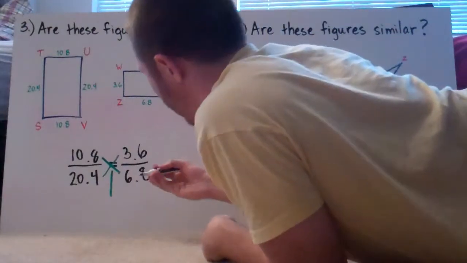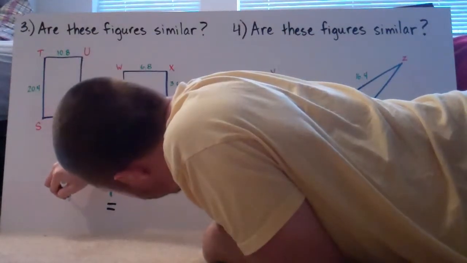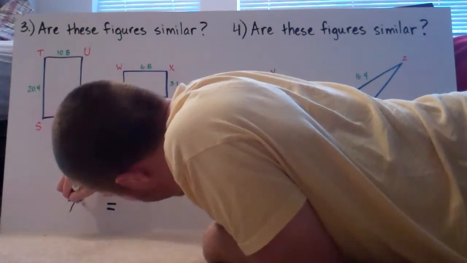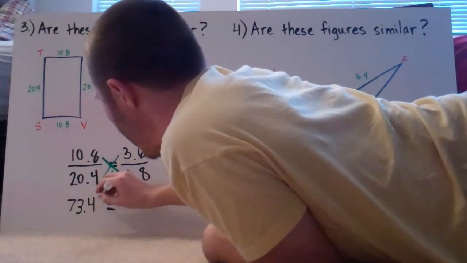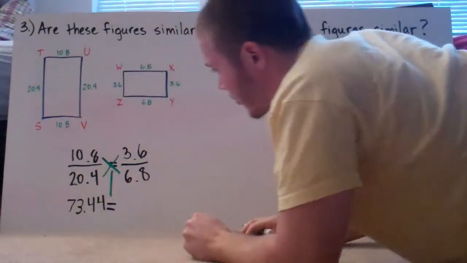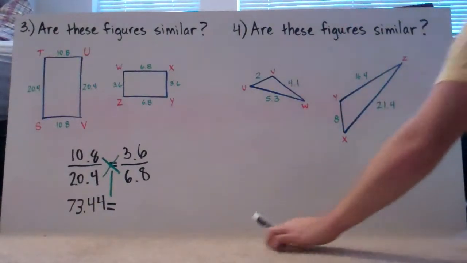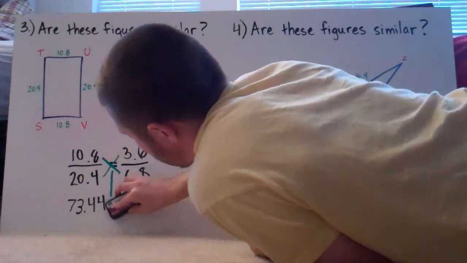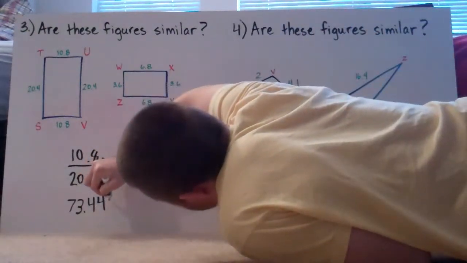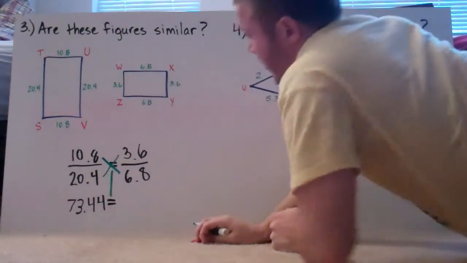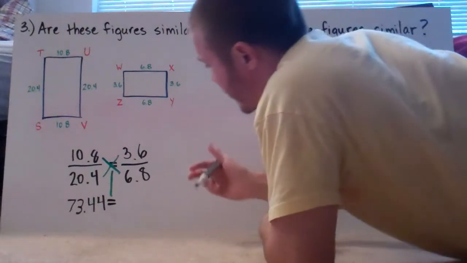And let me fix this equal sign so that it makes a little bit more sense. Put it right here. And then when I multiply 20.4 and 3.6, guess what I get? 73.44.